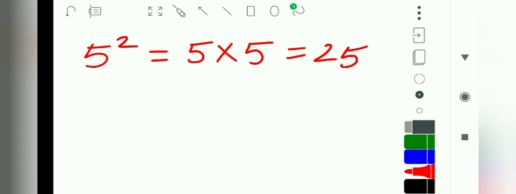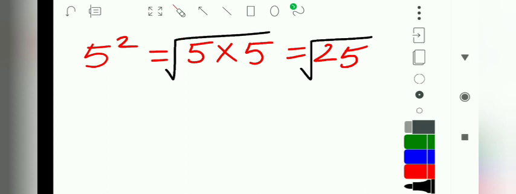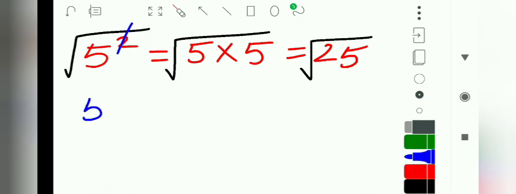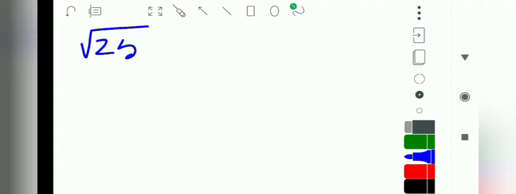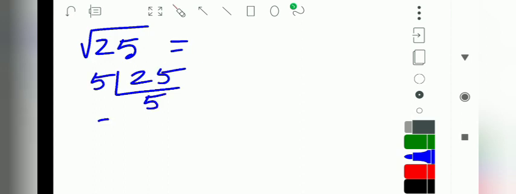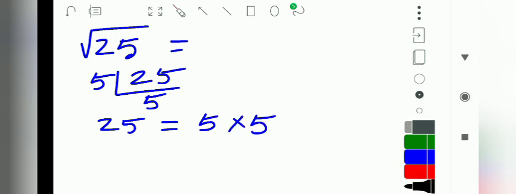You can see 5 square is 25. Now take the root on both sides, that is root over 5 square equal root over 25. This root symbol and square symbol cancel out and it comes 5 equal root over 25. So when you are asked to find the value of root over 25, that is 5, you can factorize the number.